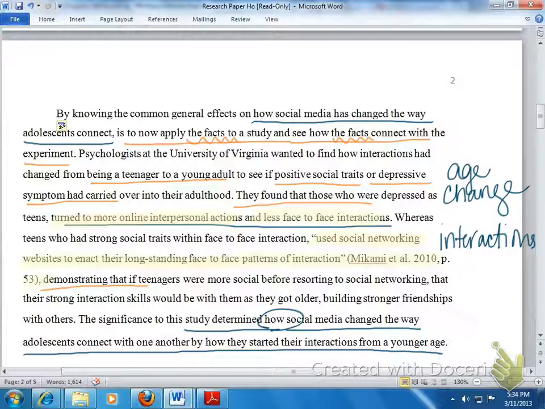So what we need to hear, it sounds like, is that the teenagers were more social before, but that their strong interaction skills would be with them as they got older, building stronger friendships with others. So it's unpacking that again, maybe rephrasing that and then connecting and telling us this is a way in which social media is changing the way people connect with one another.